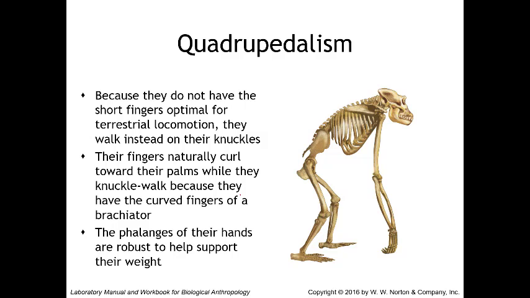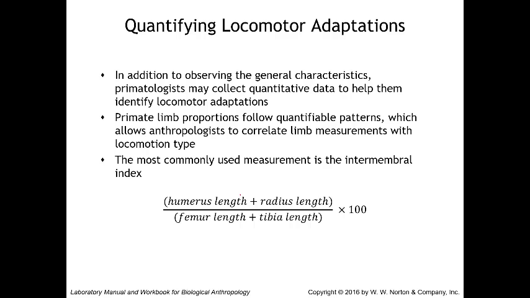So now let's quantify locomotor adaptations. In addition to observing the general characteristics, primatologists may collect quantitative data to help them identify locomotor adaptation, right? This is really helpful when we're looking at fossils as well. When we reviewed many of the forms of locomotion, I pointed out that they correspond to different arm and leg lengths.